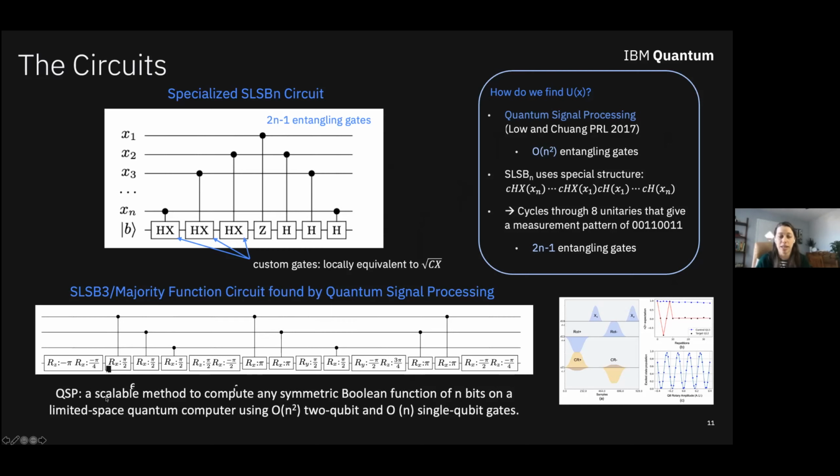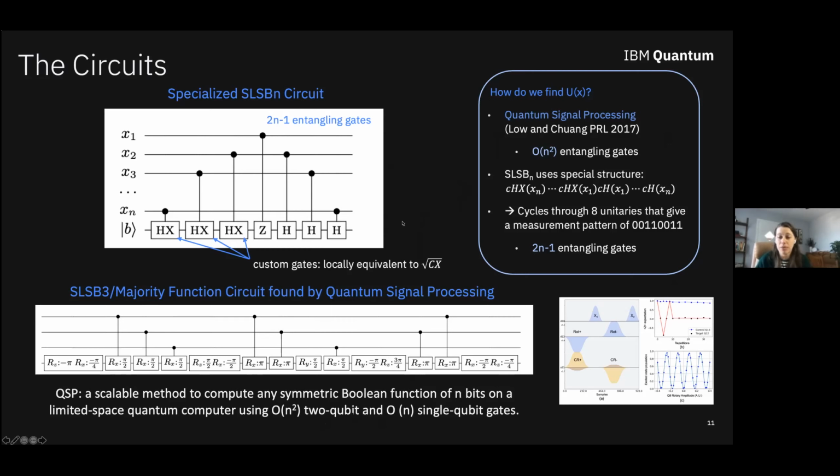Quantum signal processing is a scalable method which we can use to compute any symmetric Boolean function, and it gives a loose bound on the number of gates needed. So we found order n squared 2 qubit gates and order n single qubit gates.